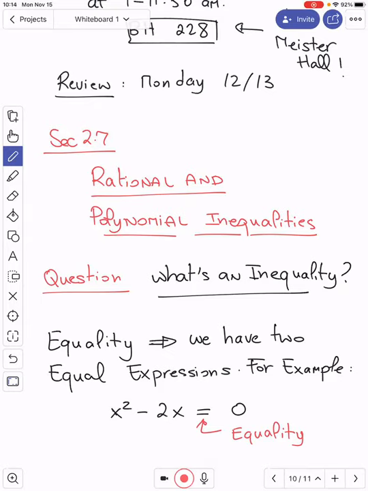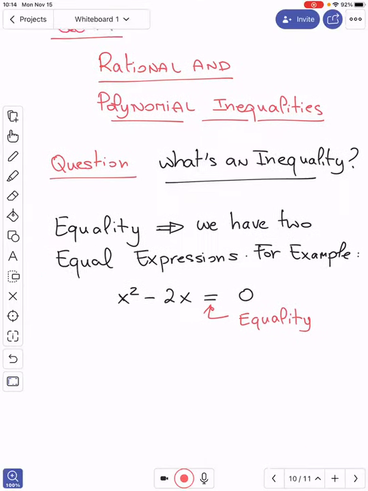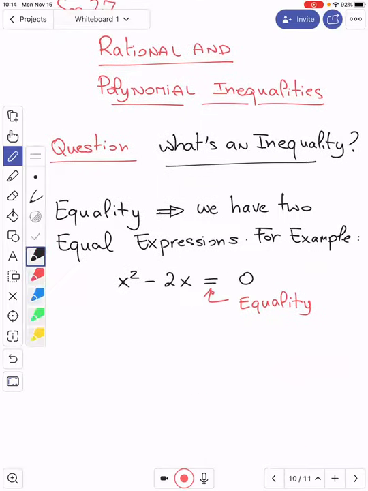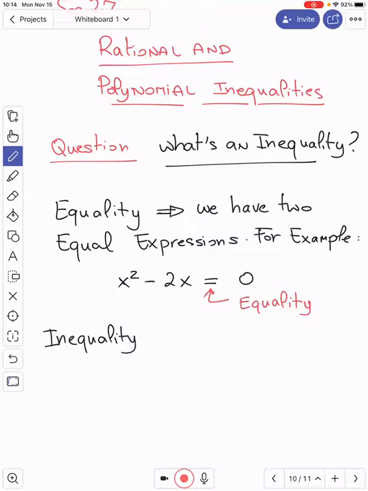Now, inequality means that we have an expression which is larger or less than another expression, right?